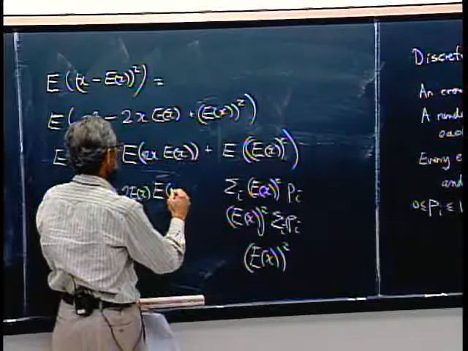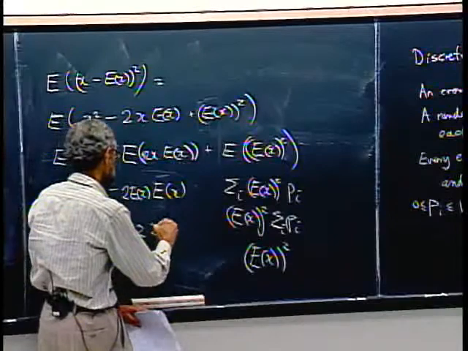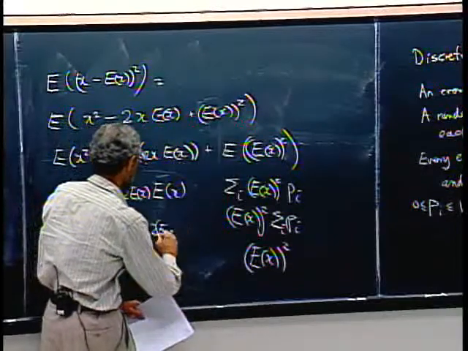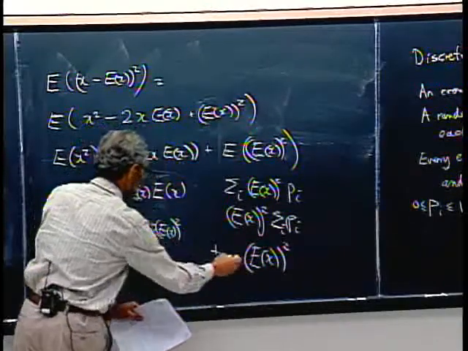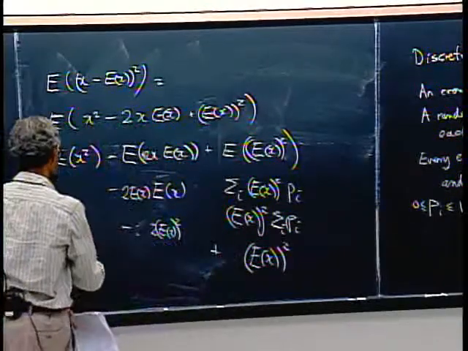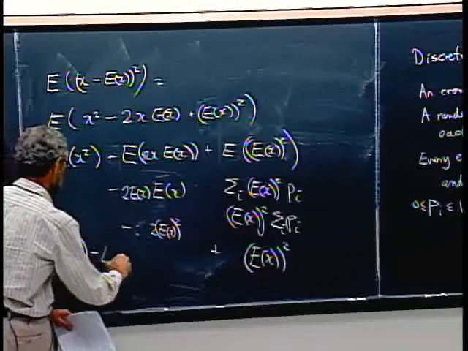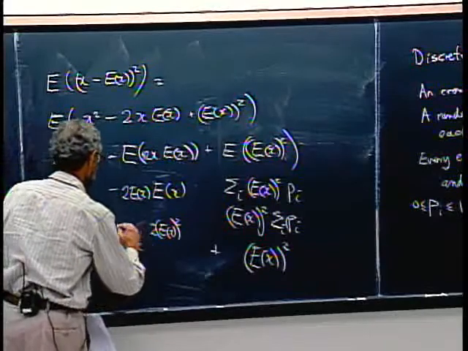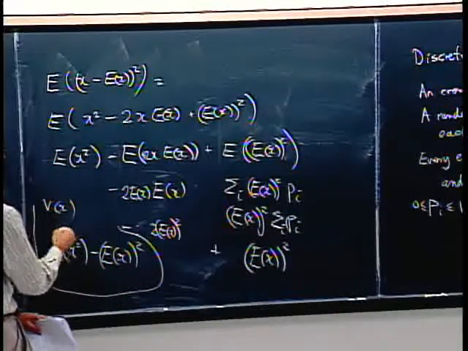What's left is just X, and this is the expected value of X. So this term is minus twice the expected value of X squared. So I have minus 2 of them and plus 1 of them. So the answer is going to be E[X squared] minus the expected value of X, squared.